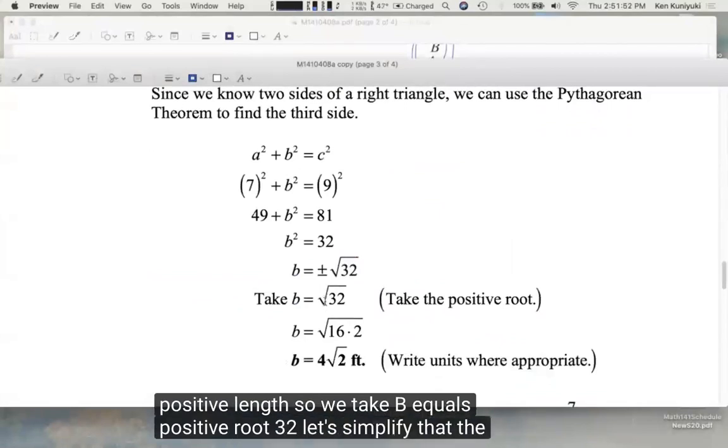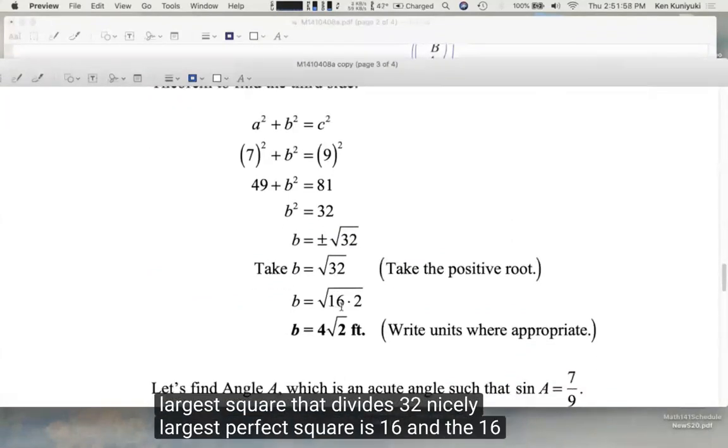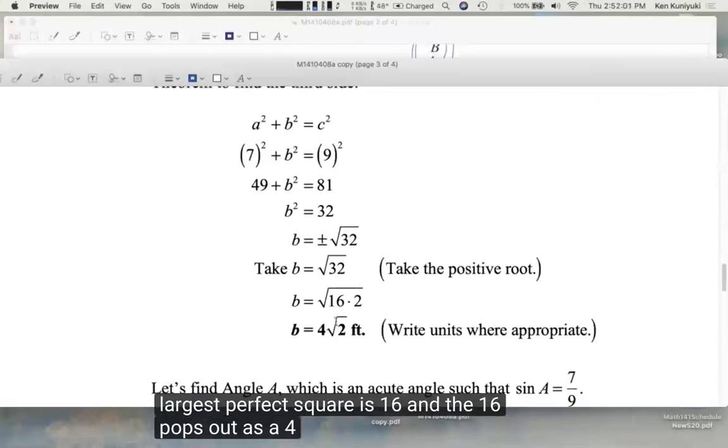Let's simplify that. The largest square that divides 32 nicely, the largest perfect square, is 16, and the 16 pops out as a 4. Root 32 is root 16 times root 2. Root 16 is 4.